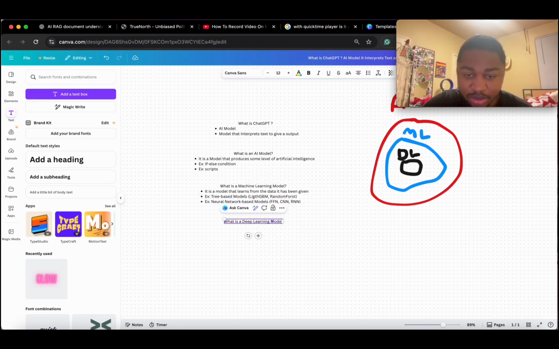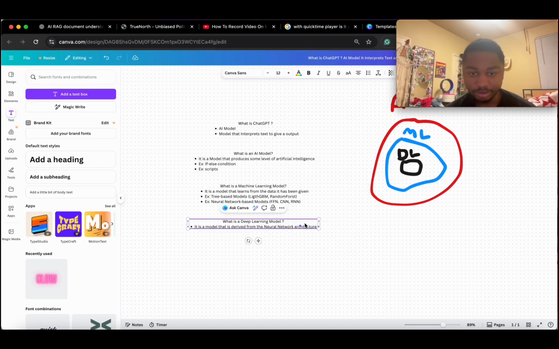So, characteristics of a deep learning model. It is a model that is derived from the neural network architecture to learn. Essentially, that's the meaning right there.